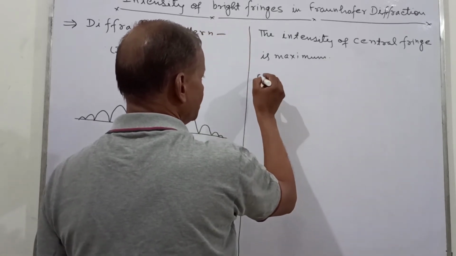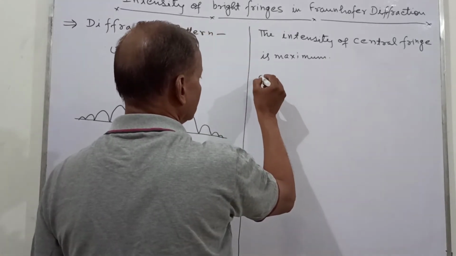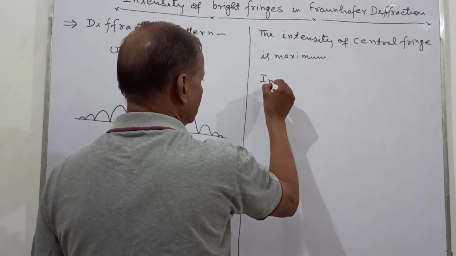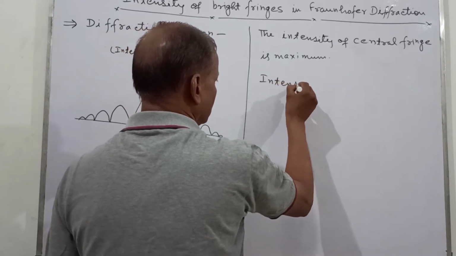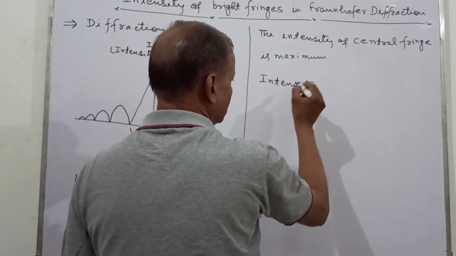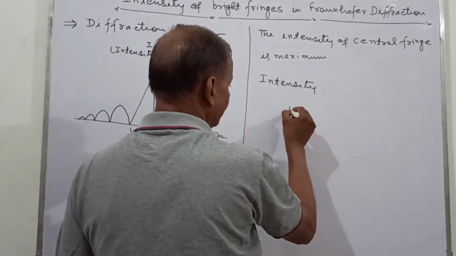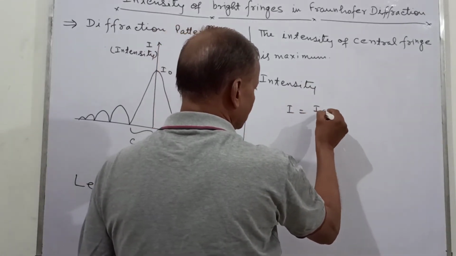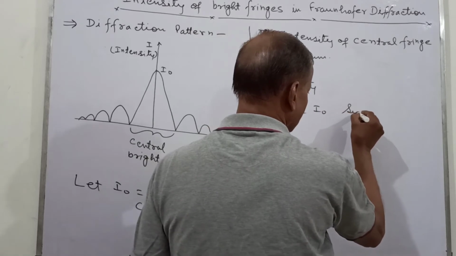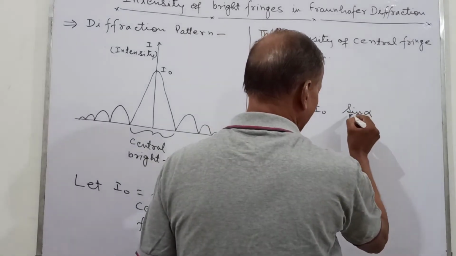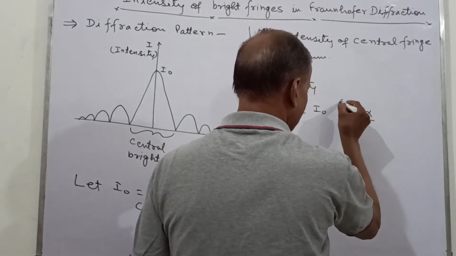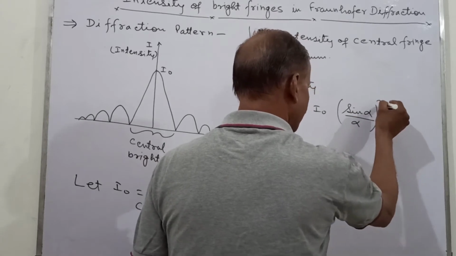So now intensity. Now I have the formula: I equals I naught into (sin alpha upon alpha) whole squared.